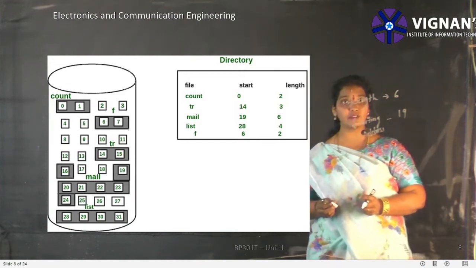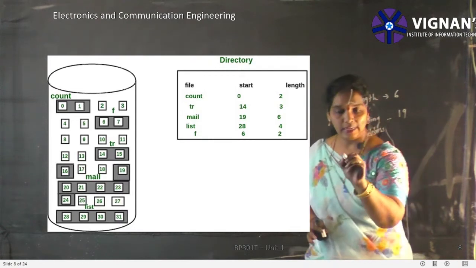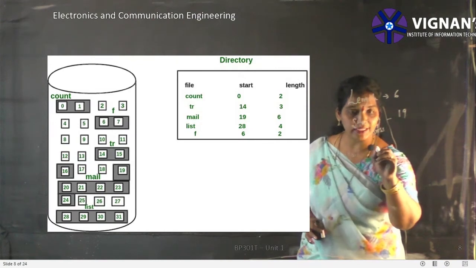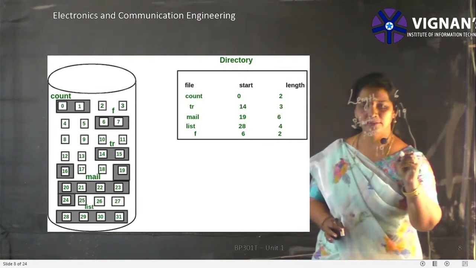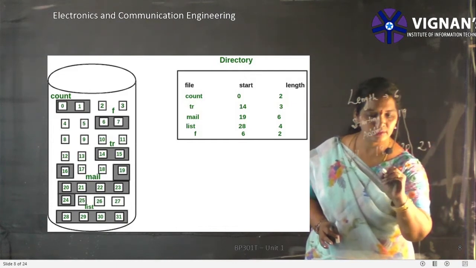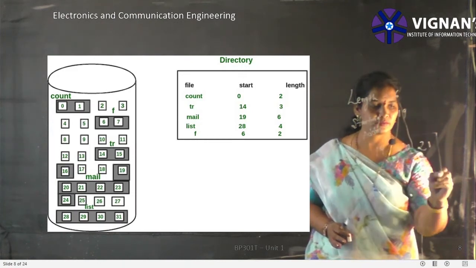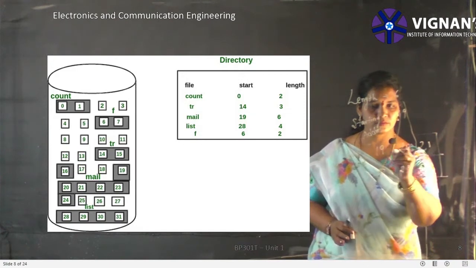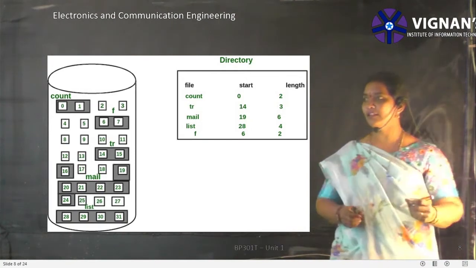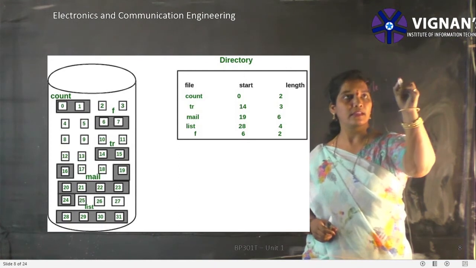So in continuous blocks it has to occupy 6 blocks starting from 19, and here my file name is mail. So the blocks occupied here are 19, 20, 21, 22, 23 and 24.